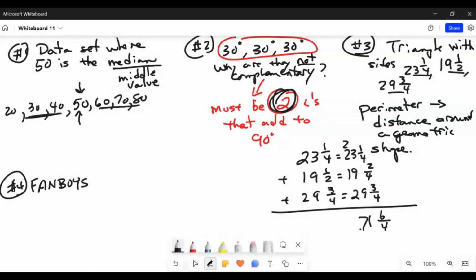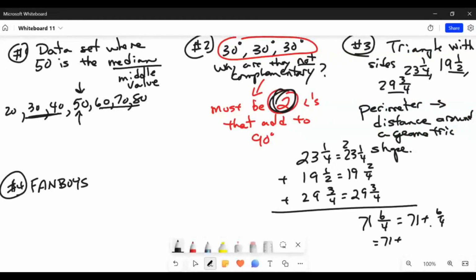We get 71 6/4. But 6/4 is an improper fraction. We cannot leave 6/4 as 6/4. So 6/4 really means 71 plus 6/4.